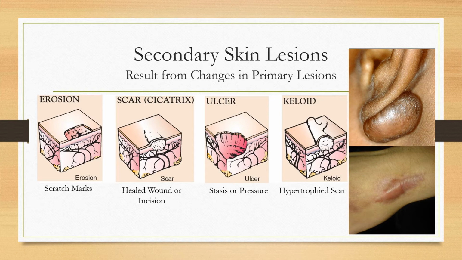Hypertrophied skin. So let's say you had a laceration, and sometimes in laceration, especially in black people, the skin keeps on trying to heal and causes excessive tissue, which is called a keloid. So instead of healing flat again, the body didn't stop.